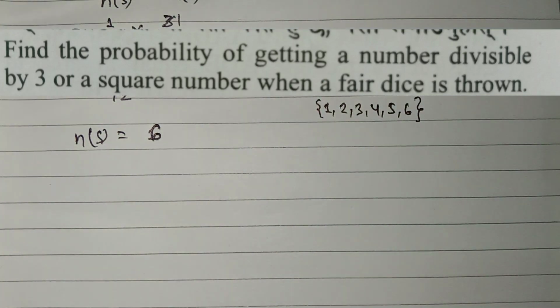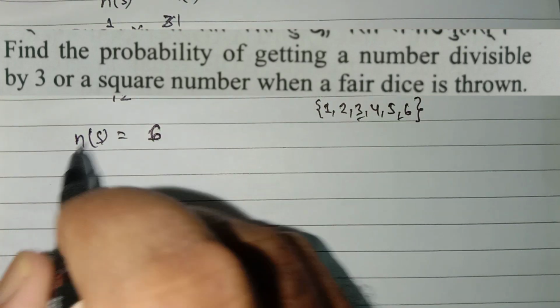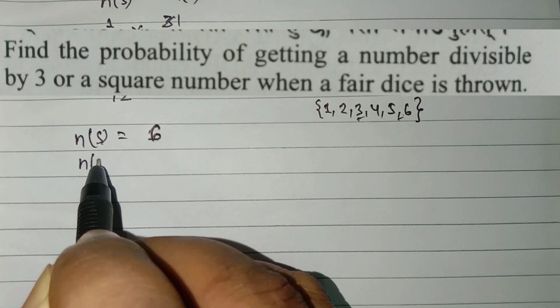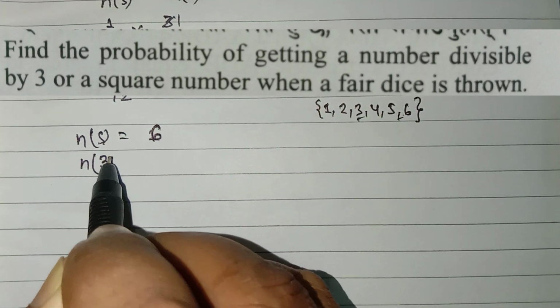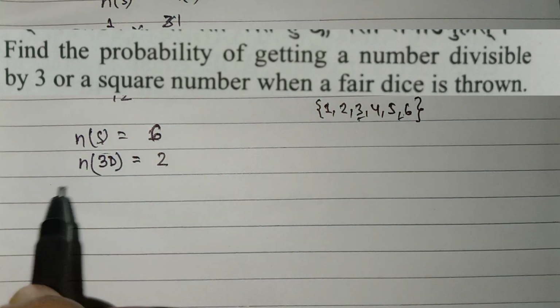So from here we can see the numbers divisible by 3 are 3 and 6, so they are 2. Numbers divisible by 3 are 2.